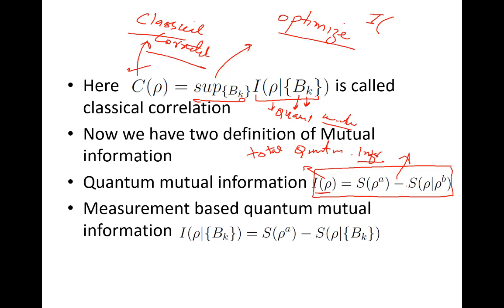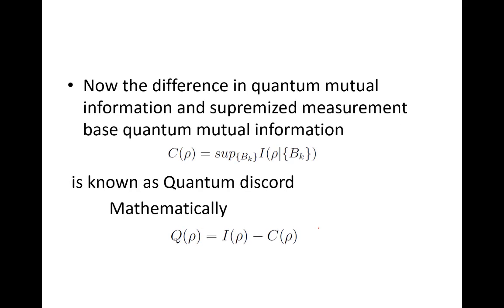If you subtract the classical correlation from the total quantum information, then this difference will give you quantum discord. So this is now the difference between quantum mutual information and the supremized measurement-based quantum mutual information, and it is called discord. So Q is quantum discord.